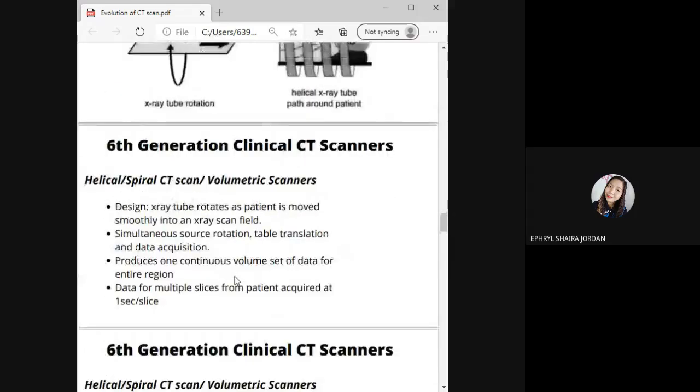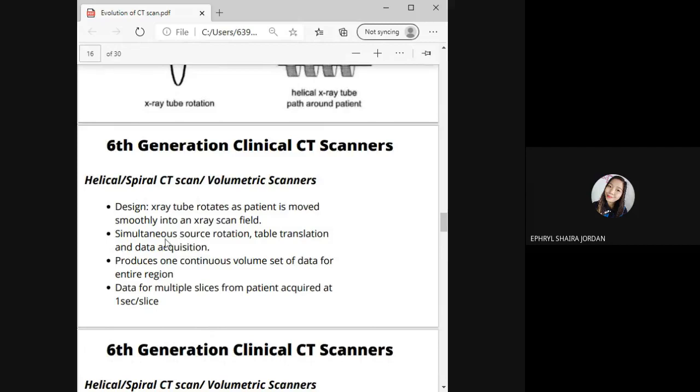So, the design of sixth generation clinical CT scan is that the X-ray tube rotates as the patient is moved smoothly into an X-ray scan field. Simultaneous source rotation, table translation, and data acquisition. So, sabay-sabay itong nangyayari, yung pag-ikot ng X-ray tube, pag-move ng table, and pag-acquire ng data.